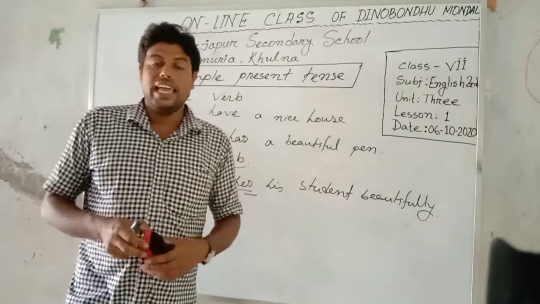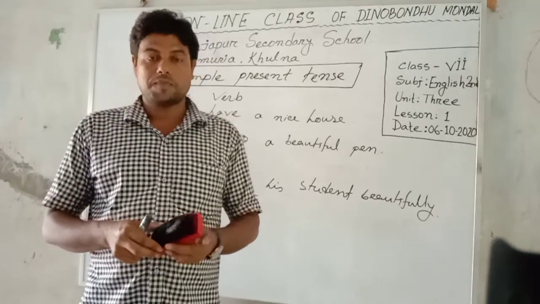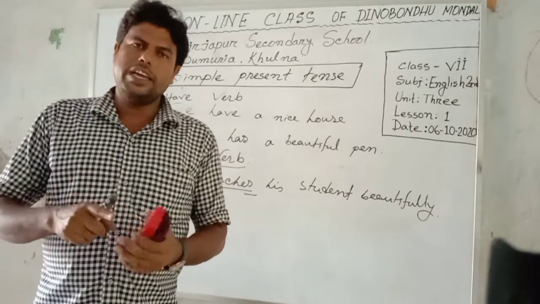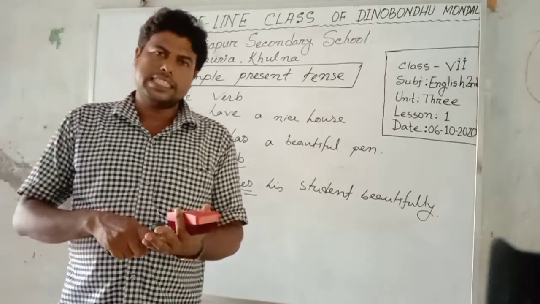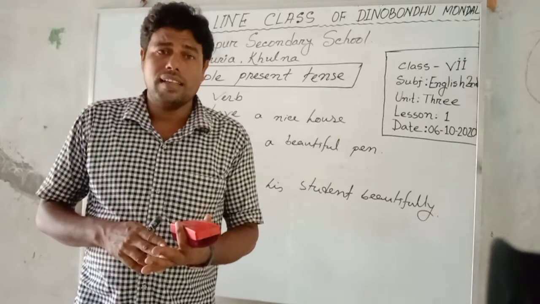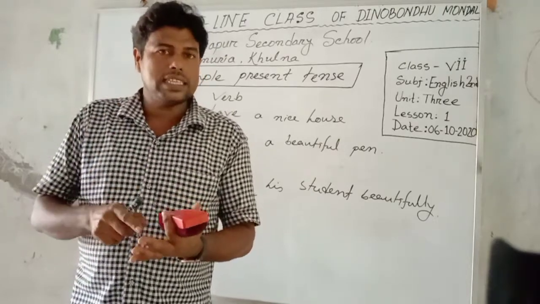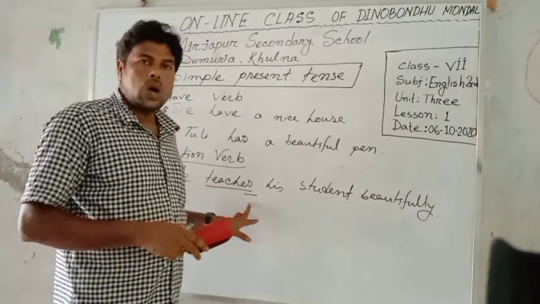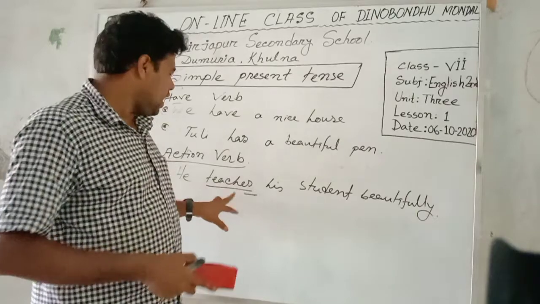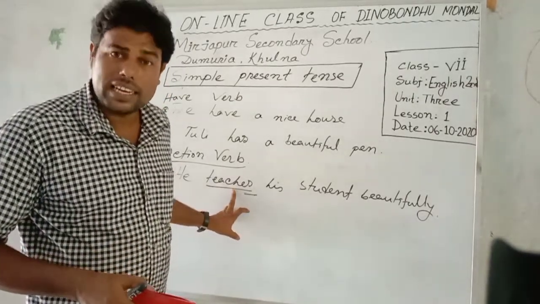Because in present simple tense, if the subject is third person singular number, then it must take s or es with the present form of the action verb. Okay, clear?